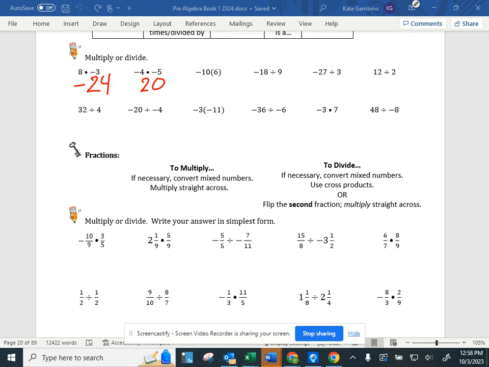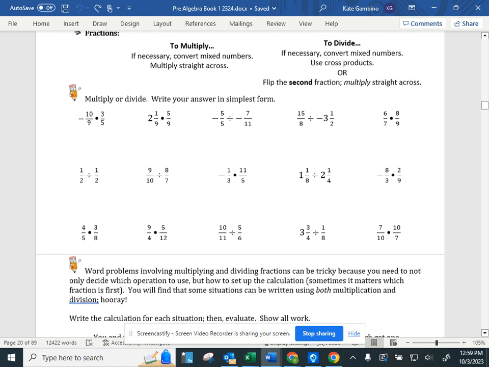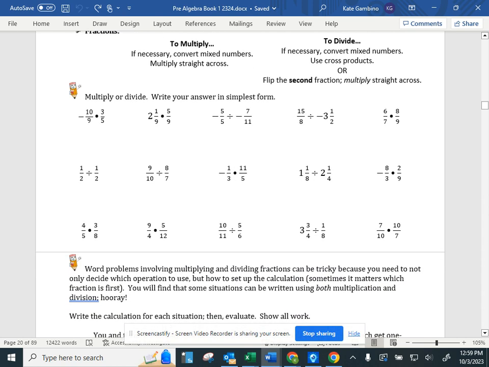So now we're going to look at our fractions. To multiply, if necessary, the first thing you do, just like with the adding and subtracting, we wanted to turn mixed numbers into improper fractions so we can multiply. Remember, we multiply straight across.